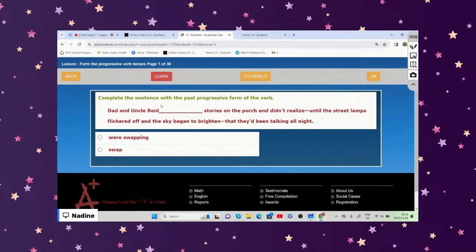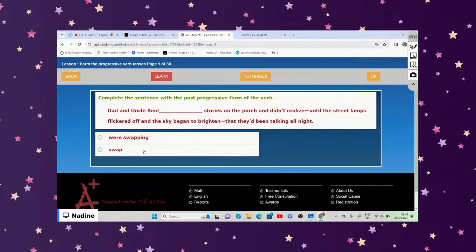Dad and Uncle Reed, do they say, were swapping stories on the porch and didn't realize until the street lamps flickered off and the sky began to brighten that they'd been talking all night? Or Dad and Uncle Reed swap stories on the porch? Should they swap stories or were swapping stories?